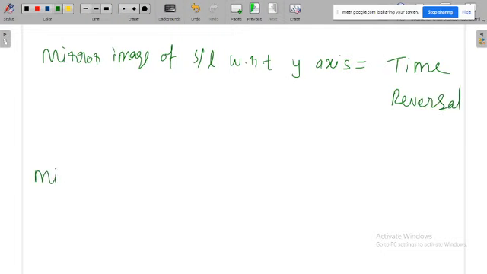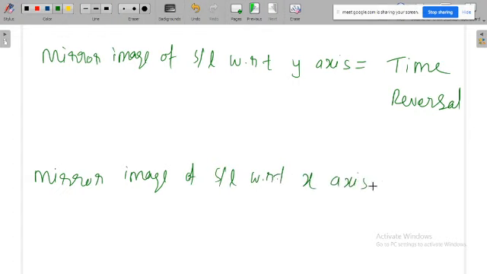Again, the mirror image of a signal with respect to the x-axis is called amplitude reversal.